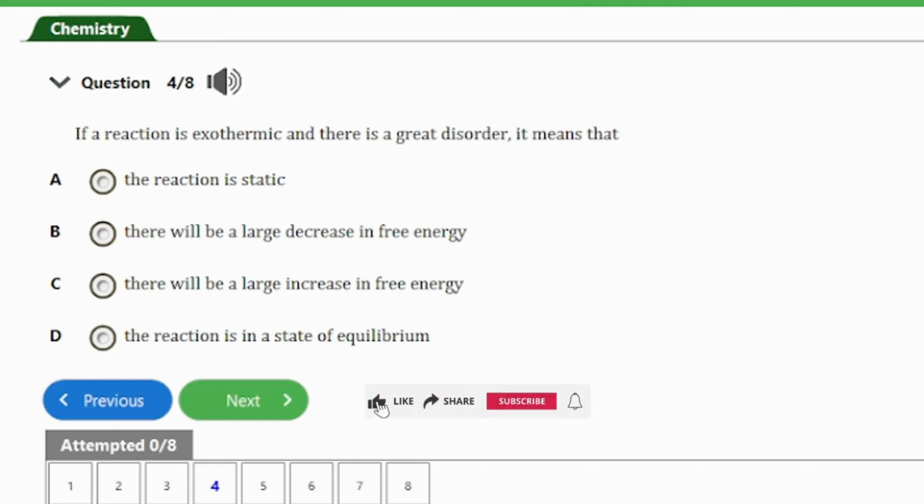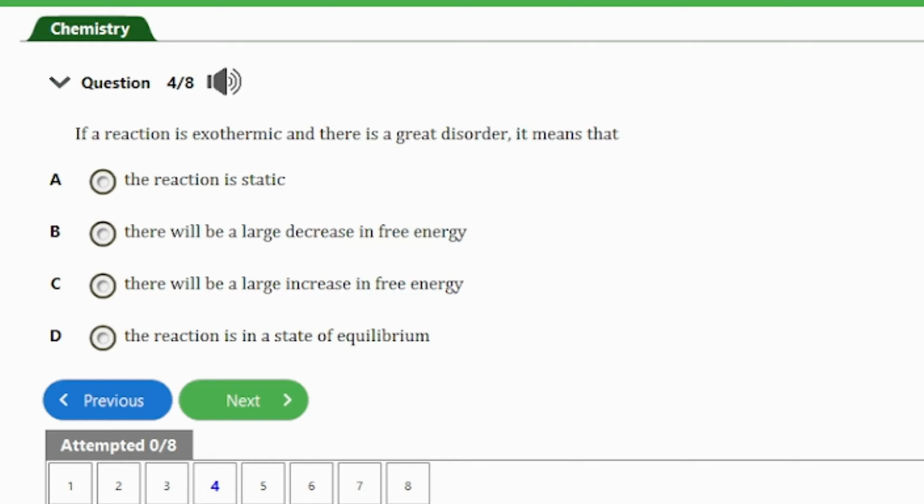So guys, a great disorder means that there is a high entropy. Now, according to the second law of thermodynamics, for a spontaneous reaction, the total entropy of the universe must increase. So this means that an exothermic reaction with a great disorder is likely to be spontaneous.